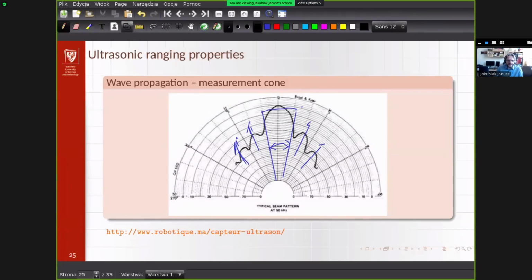But you can also have sonars that have this middle peak of the width of 30, sometimes even 60 degrees with proper shaping. So you can cover a high range and detect that there is an obstacle, if you only want to know that there is an obstacle, not necessarily the exact direction of it.